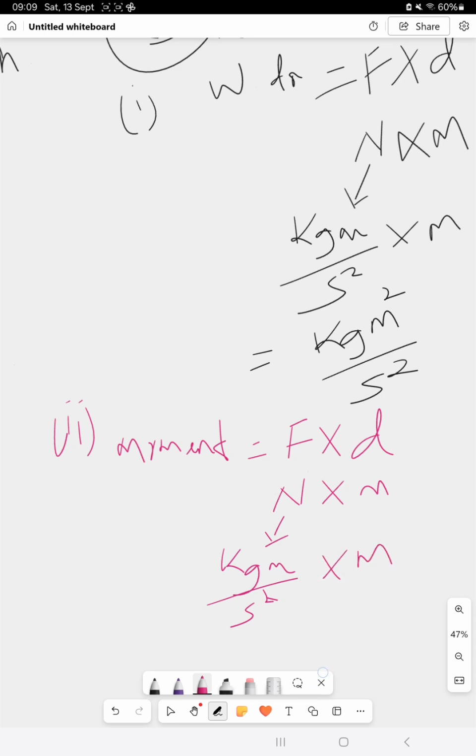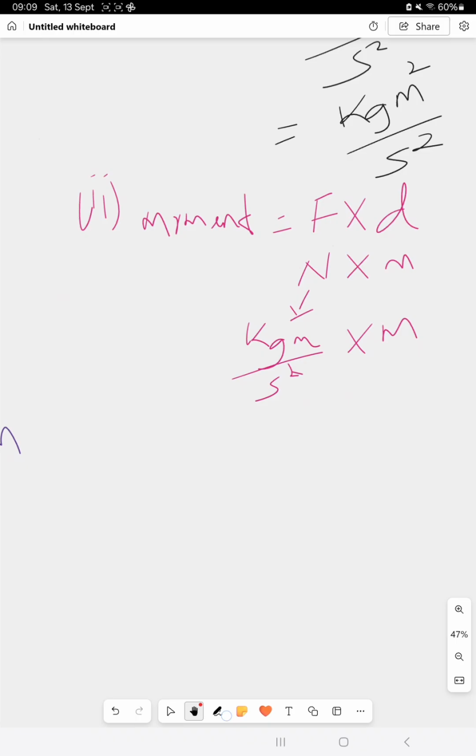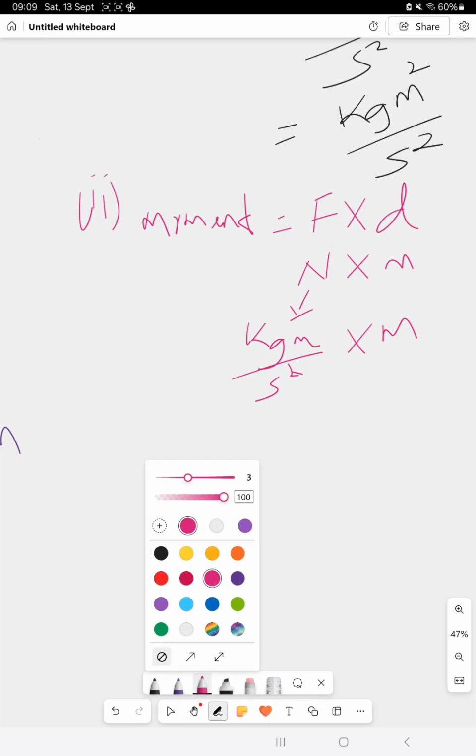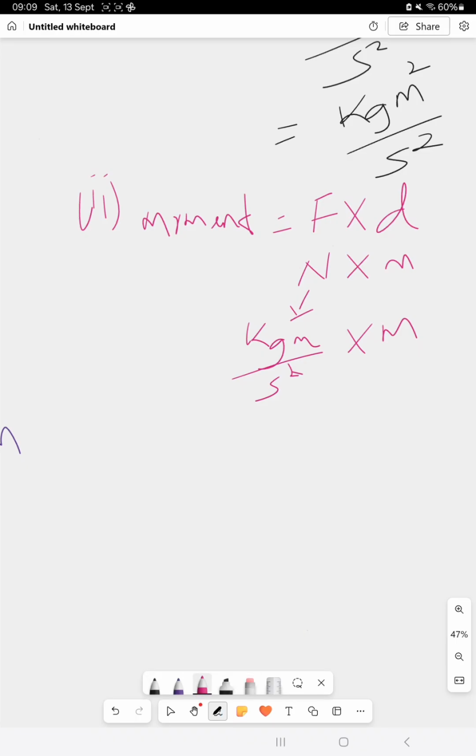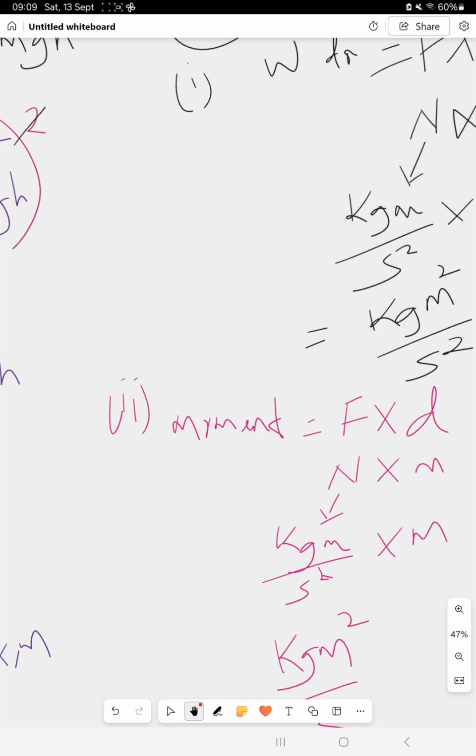And finally I'll have this as the answer, that moment of force has the units as kilograms meter squared over s squared. That tells you something, that the units of moment of force and the units of work done is the same. Let me do the other question very fast.